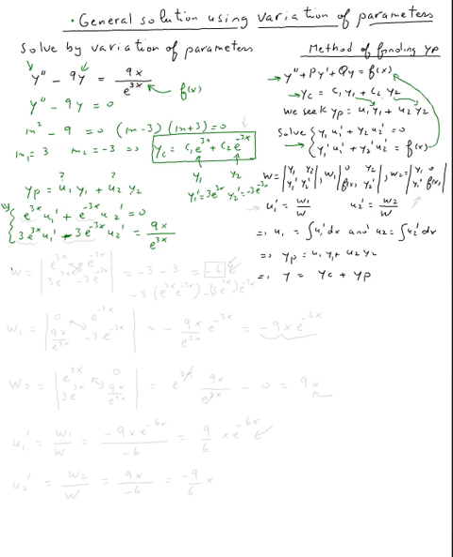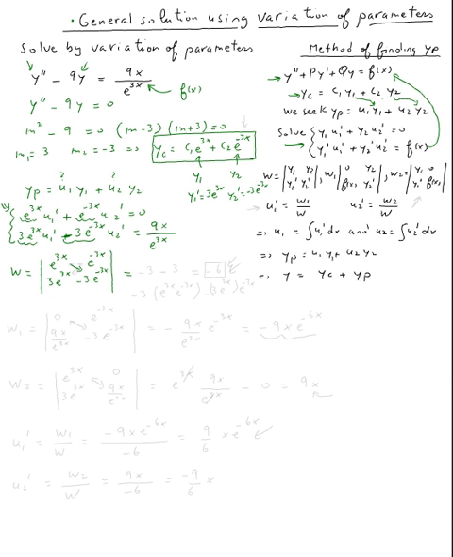W is always going to be the coefficients y1, y2, and from the bottom, the coefficients of the second equation, 3e to the 3x and minus 3e to the negative 3x.